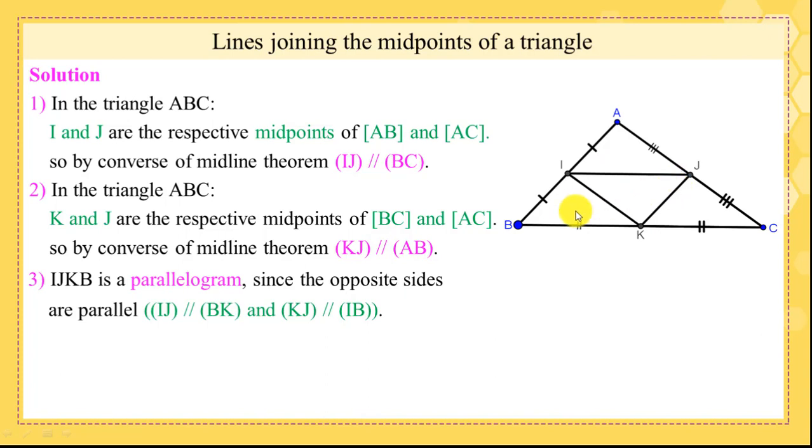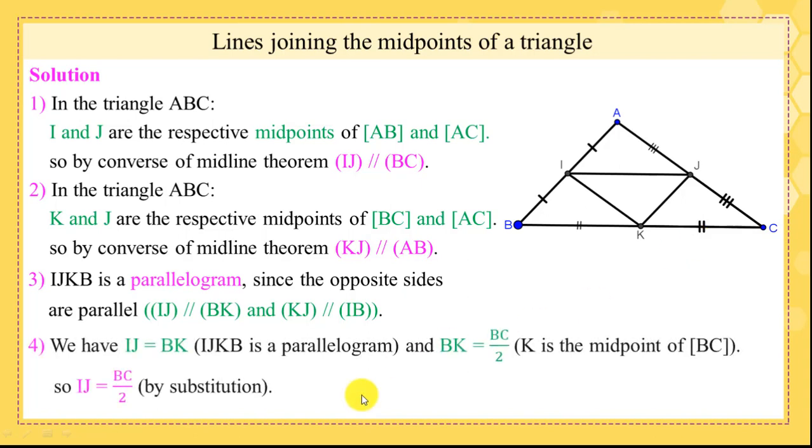If IJ is equal to BK and BK is equal to half BC, then by substitution we get IJ is equal to half BC. We have IJ equal to BK since IJKB is a parallelogram, and BK equal to half BC since K is the midpoint of BC, so by substitution IJ equals BC over 2.